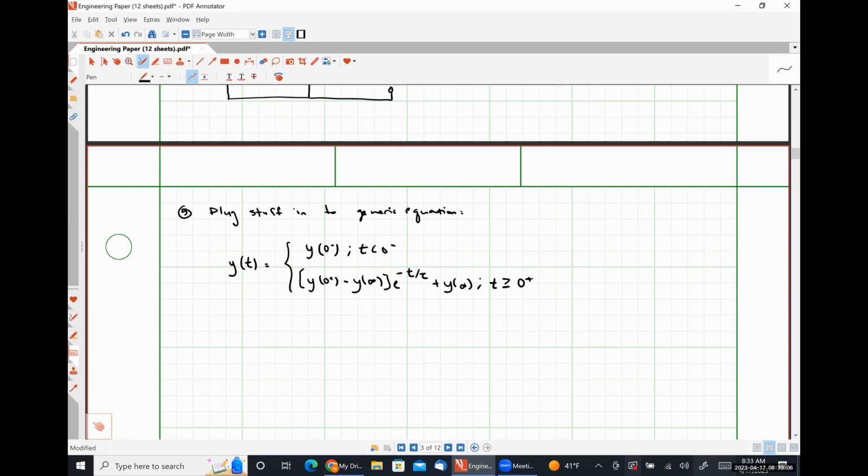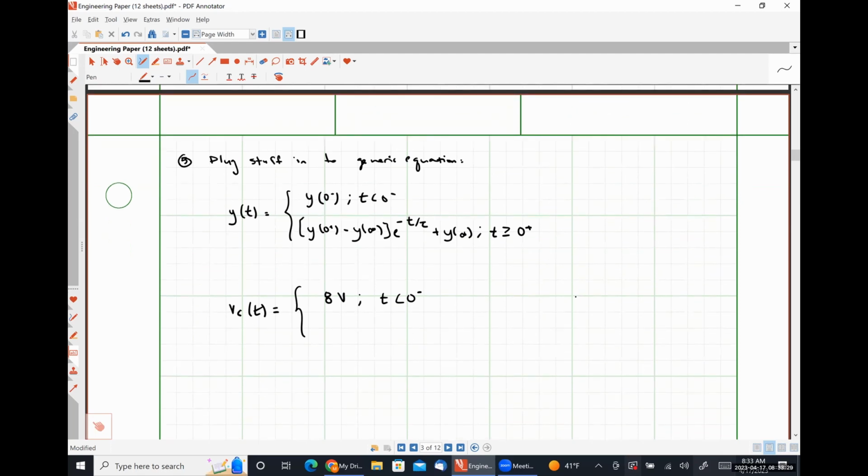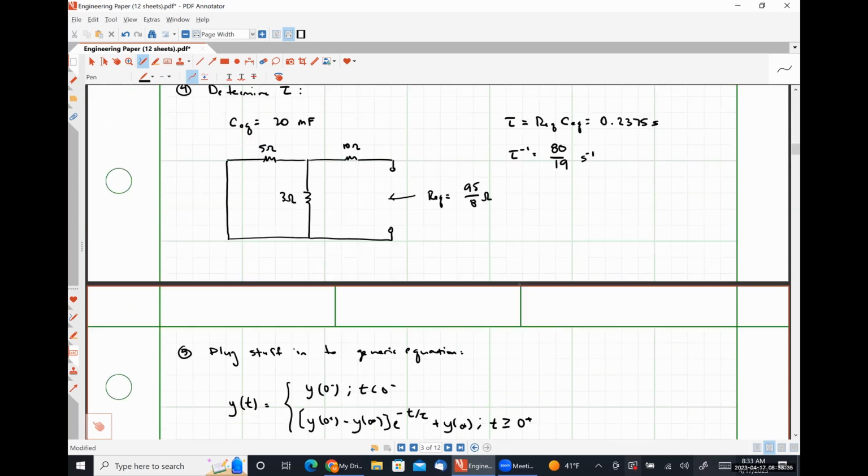So for our capacitor voltage, this is going to look like 8 volts, sorry, this should be for t less than 0 minus. And then let's see, 8 minus 3 is 5, e to the negative 80 over 19.